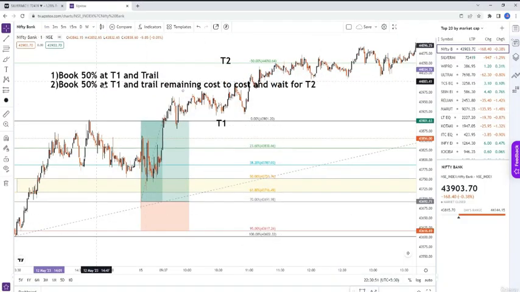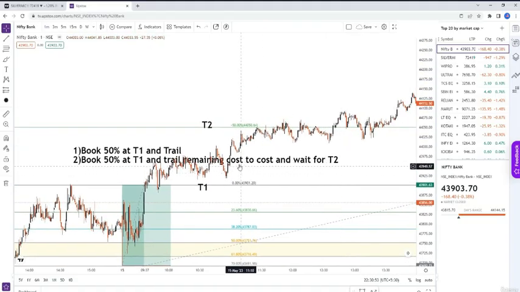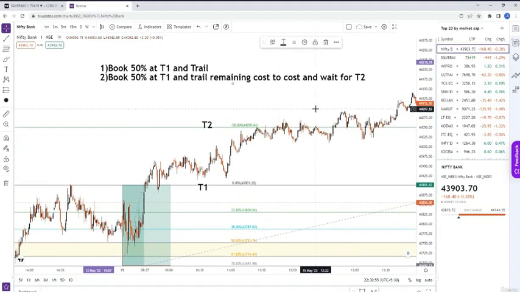Both traders have their own advantages and disadvantages. We cannot say which is good, which is bad. But in some market scenarios, trader 2 will have more gains, especially in a sideways market which is not trendy, because he is trailing, so he will lock T1 more number of times but not T2.